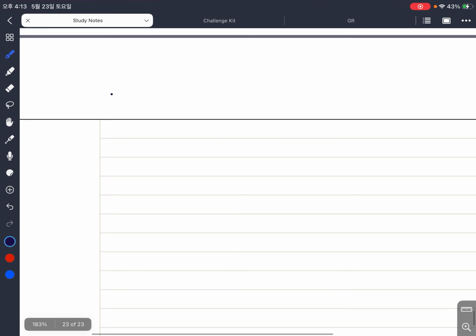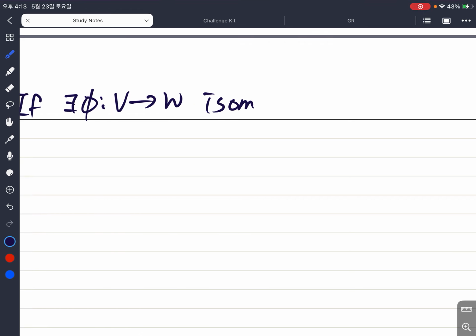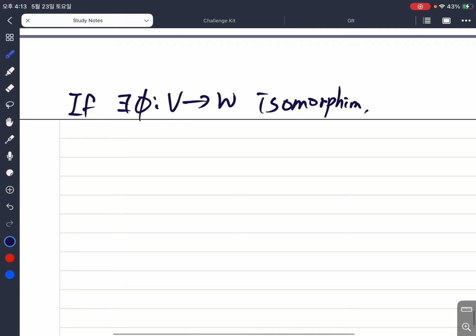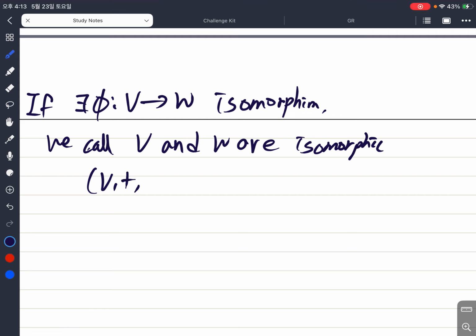And if there is some isomorphism phi, we say V and W are isomorphic. More precisely, V with plus and scalar multiplication in V, and W with plus and scalar multiplication in W, are isomorphic.